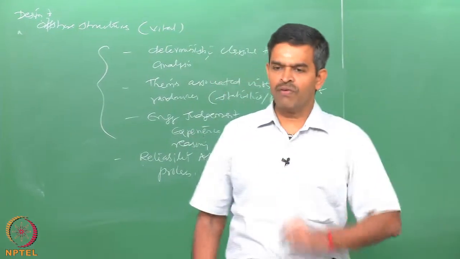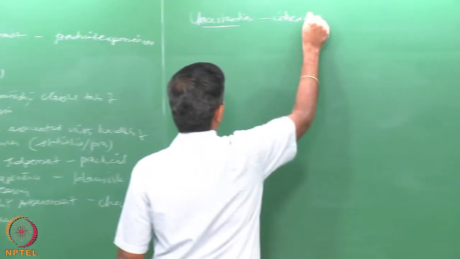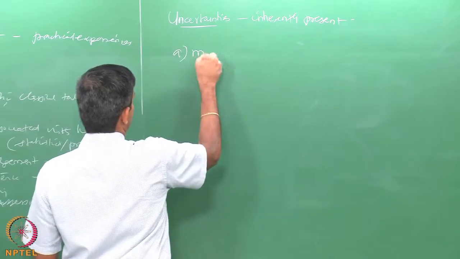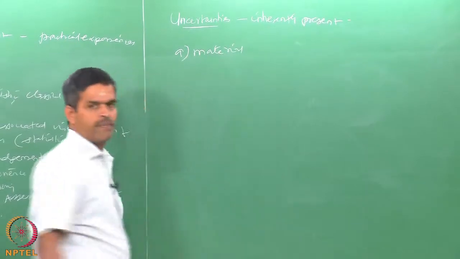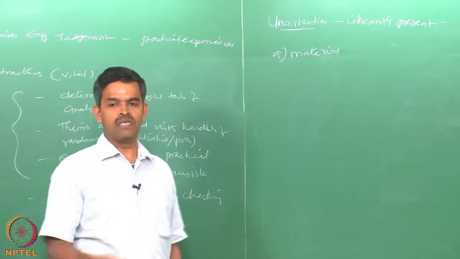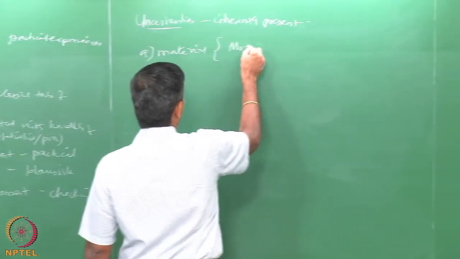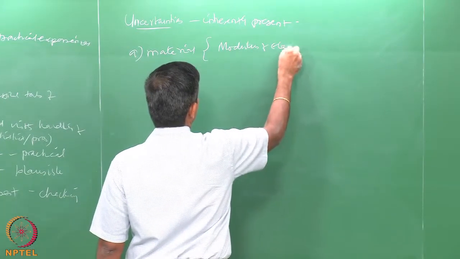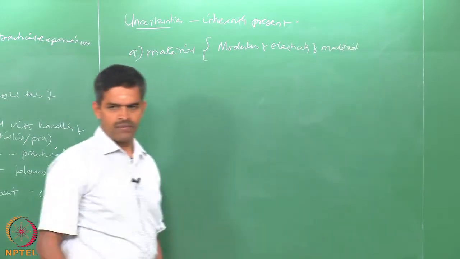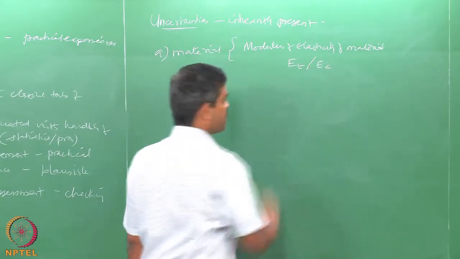Let us take up one example of material. Let us say uncertainties are inherently present in material. One can ask me a question, how can uncertainty arise from material? You can have problems with the modulus of elasticity of material. To be very specific, one can look at the E value in tension and the E value in compression.